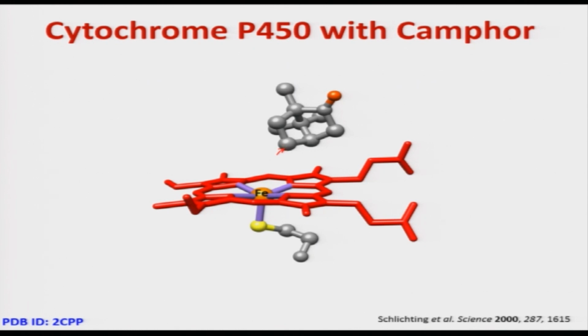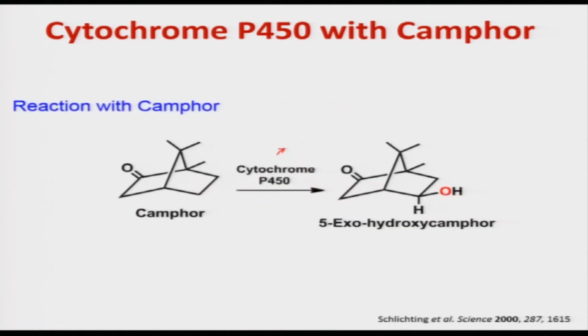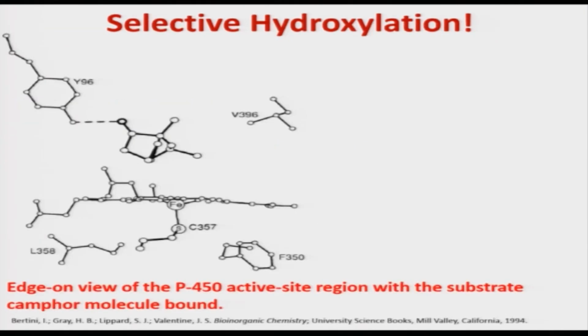This is what happens. It forms 5-exo-hydroxycamphor, and this is the closest carbon to the iron, and it is also in the exo, not in the endo, position.